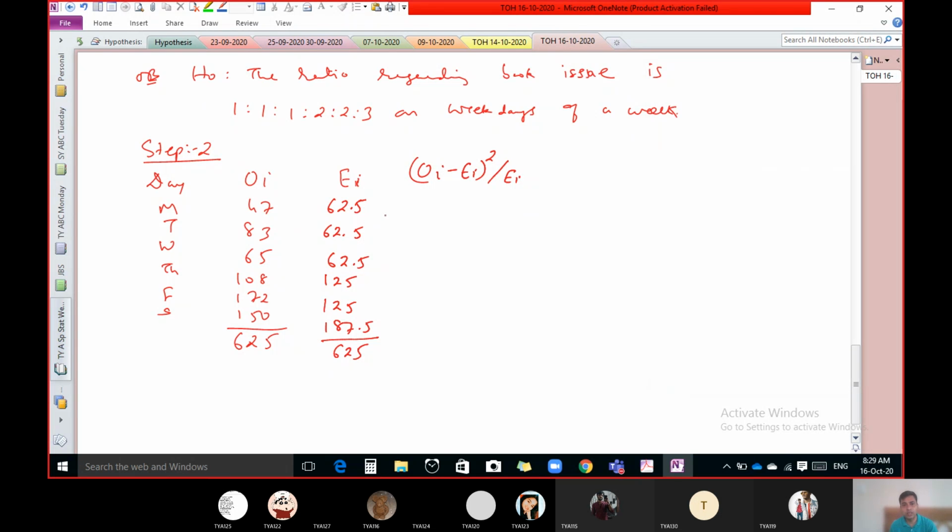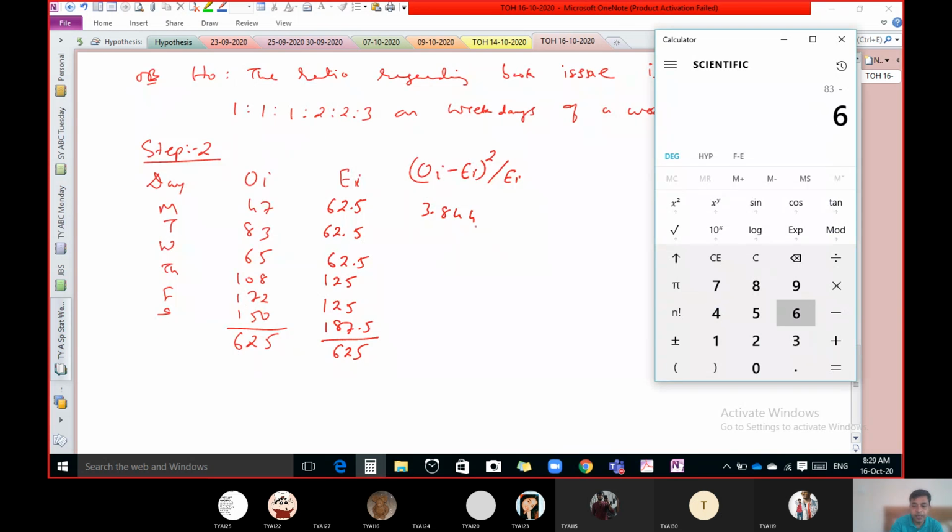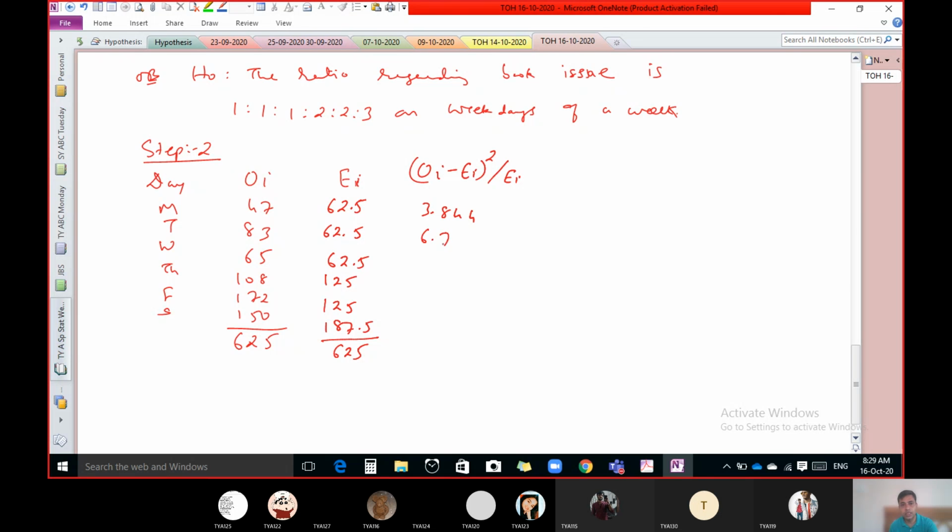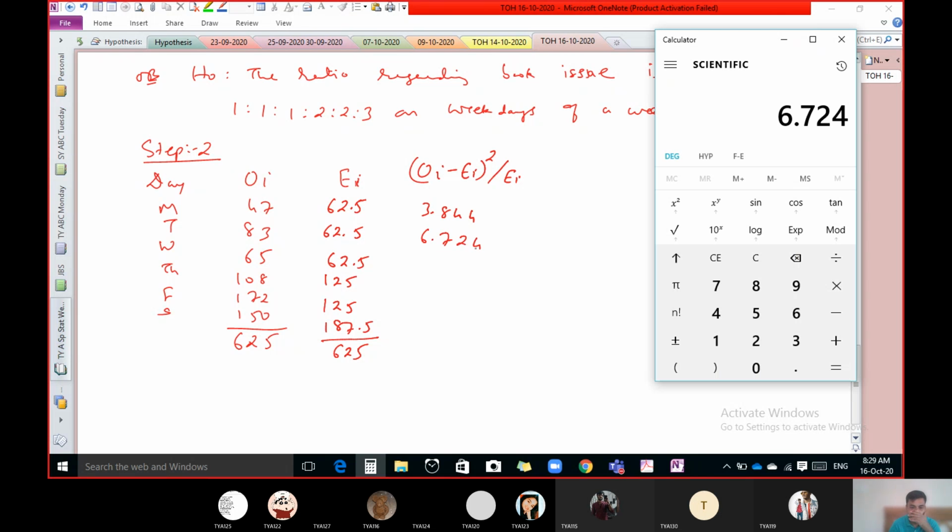So 3.844. Do the calculation in that way. 83 minus 62.5 is 20.5, squared, divided by 62.5. So it is 6.724.